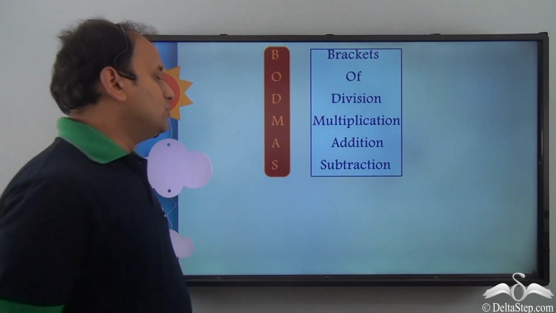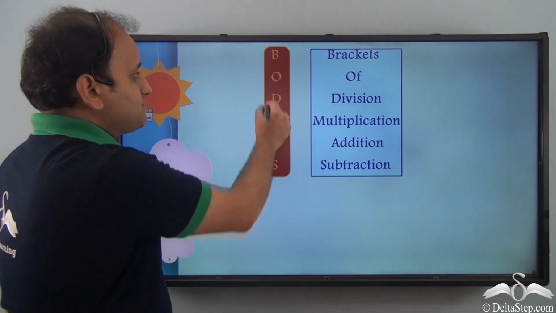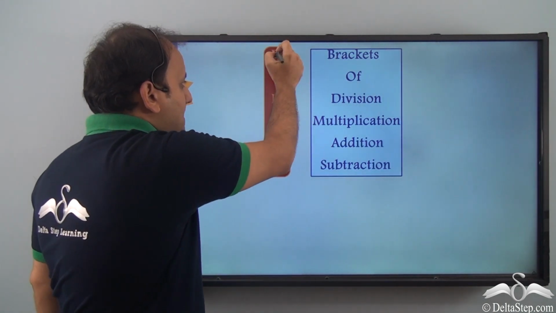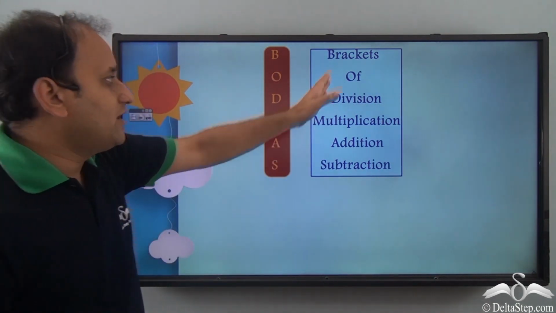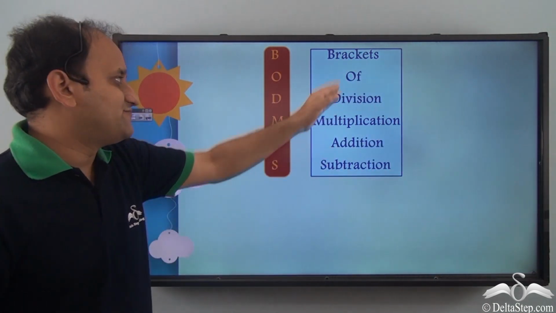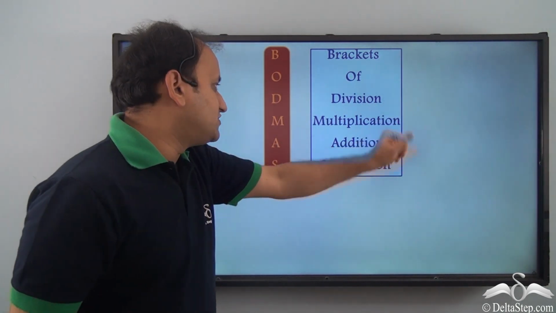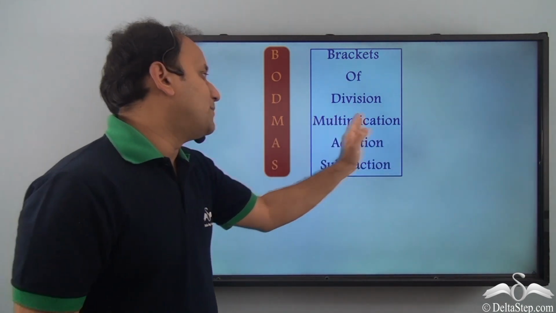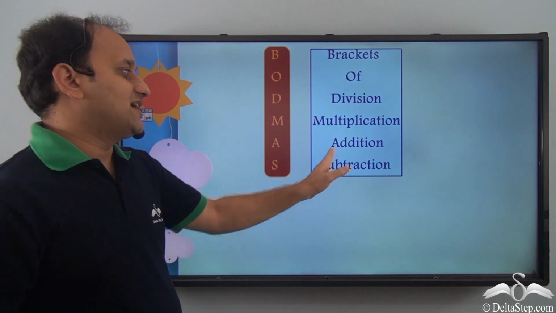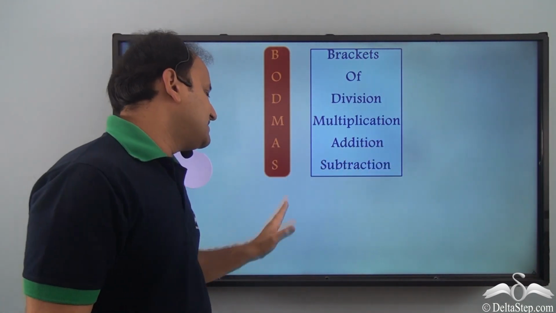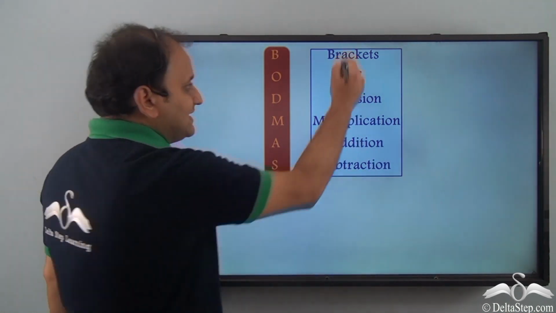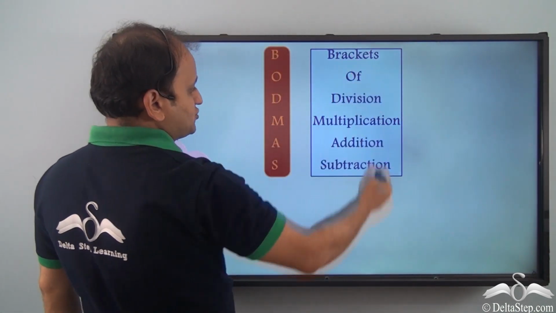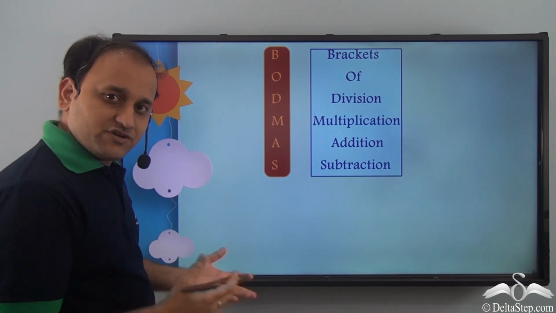That particular rule is called BODMAS. B stands for brackets, O stands for of, D stands for division, M stands for multiplication, A stands for addition, and S stands for subtraction. This is the order in which we can solve the expression we discussed.